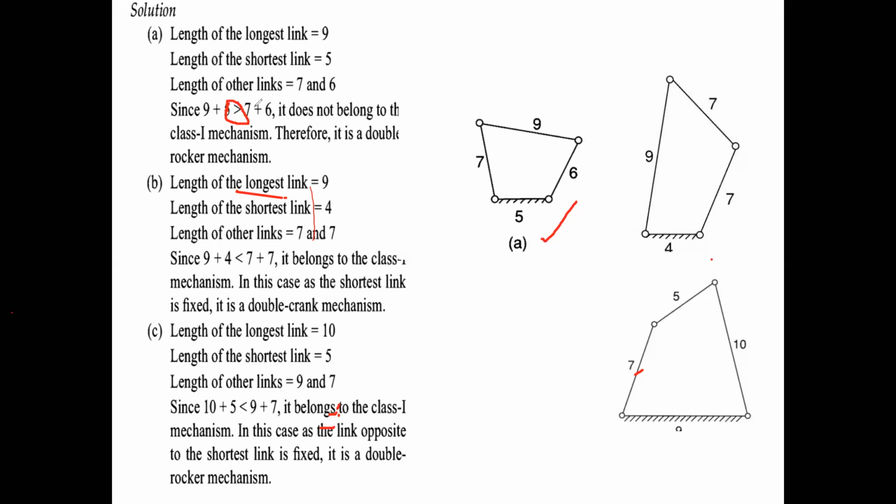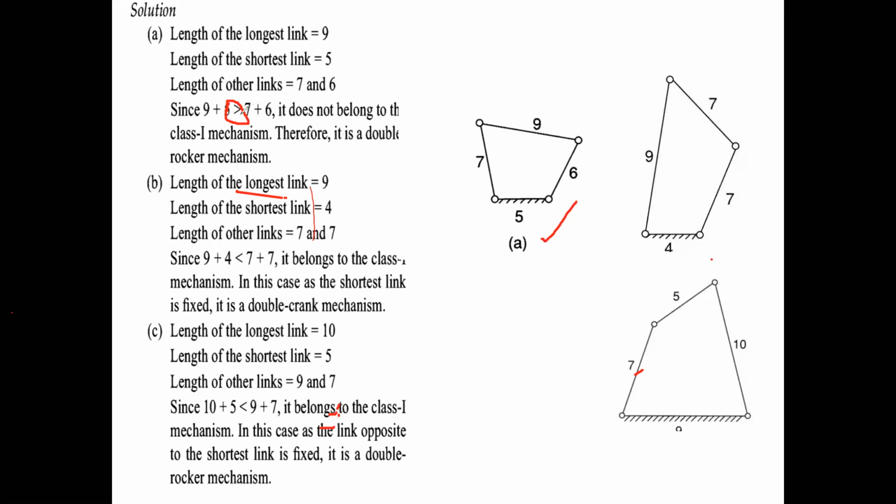Why? Because what we said in the statement is less than. For example, these two are considered as the LHS and RHS. If LHS is less than RHS, then it follows the class 1 mechanism, and we can say which type of mechanism it is.